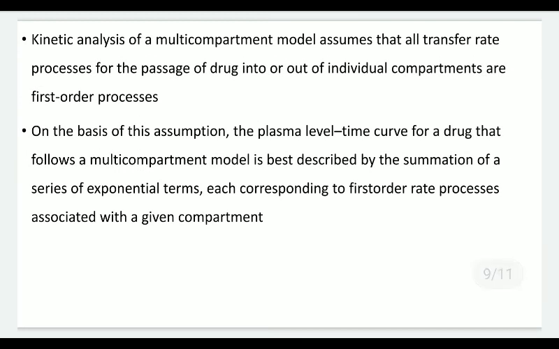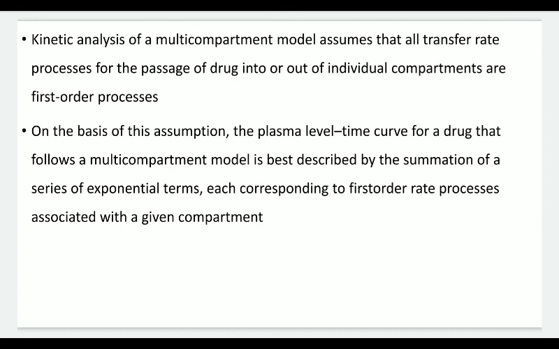Further, it says that the kinetic analysis of a multi-compartment model assumes that all transfer rate processes for the passage of drug into or out of individual compartments are first order processes. So here the movement of drug within this tissue compartment follows a first order rate reaction.